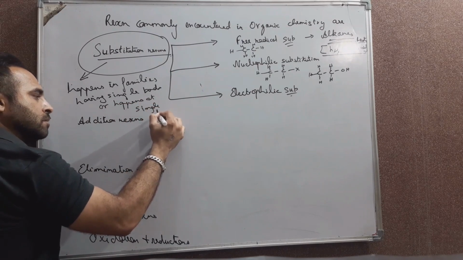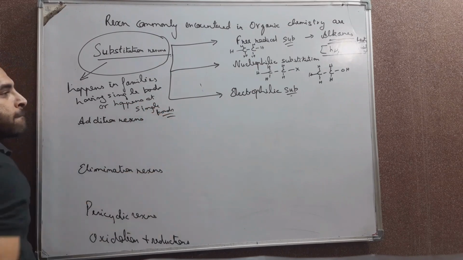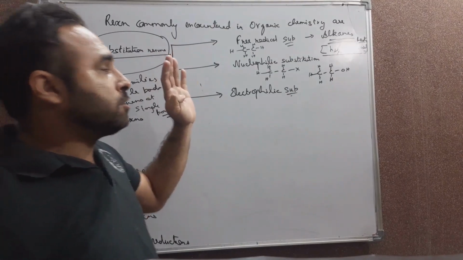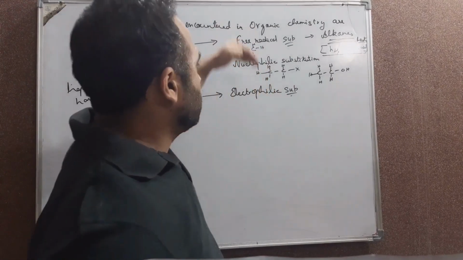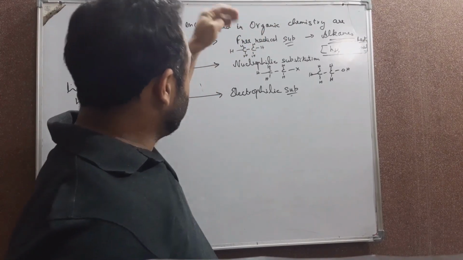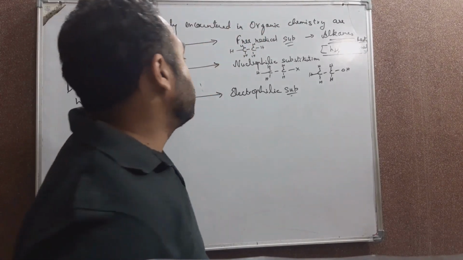What kind of substitution will happen can be known by looking at the structure of the families.